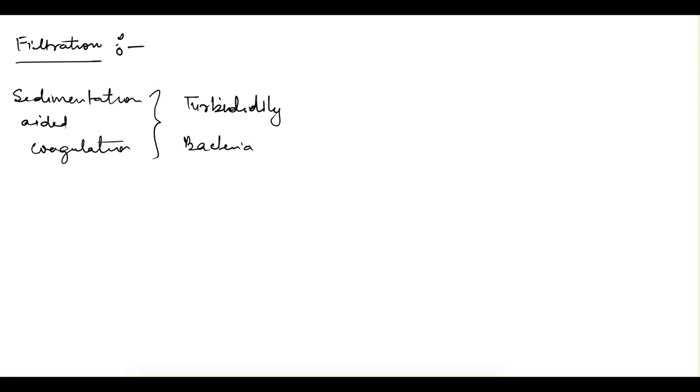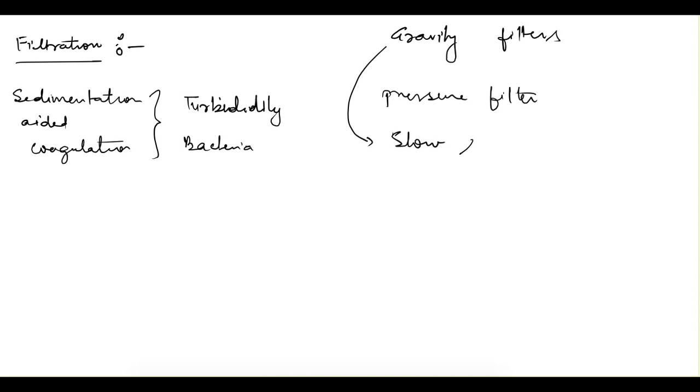So we have different types of filters available, and we can classify them as gravity filters, and then we have pressure filters. In gravity filters we have two filters, that is slow sand filter and rapid sand filter.